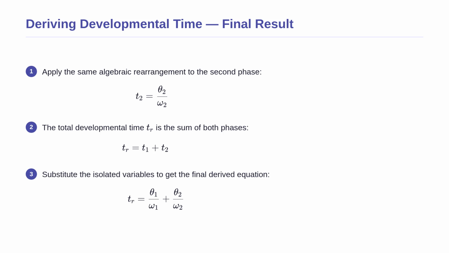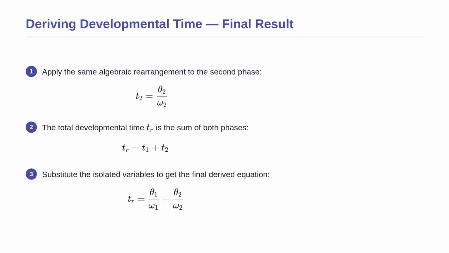Continuing our derivation, we apply the exact same mathematical logic to the second phase of torsion. We isolate t2 by dividing the angular displacement theta-2 by the slower angular velocity omega-2. Finally, to find the total developmental time, which we call T sub r, we simply add the time of the first phase and the time of the second phase together.